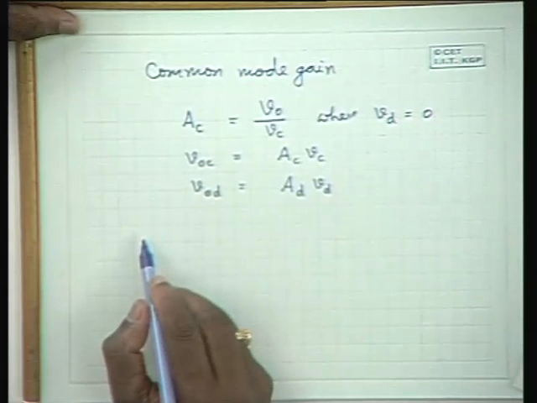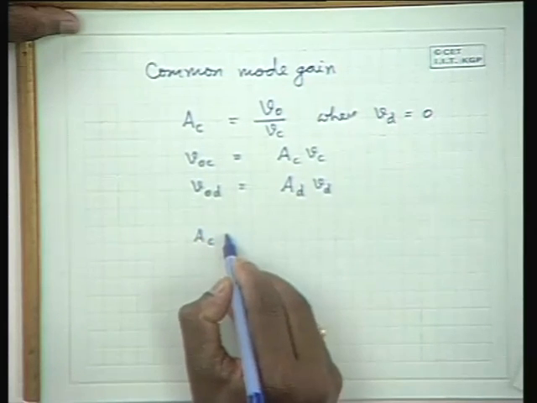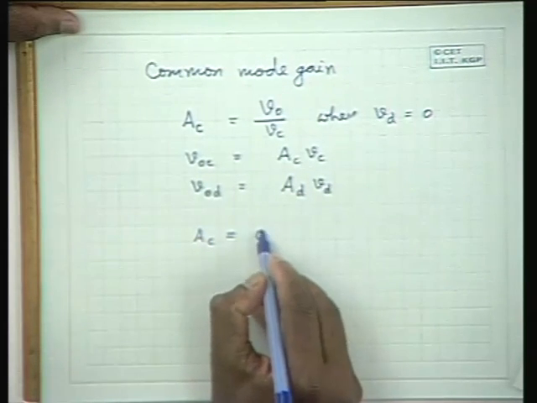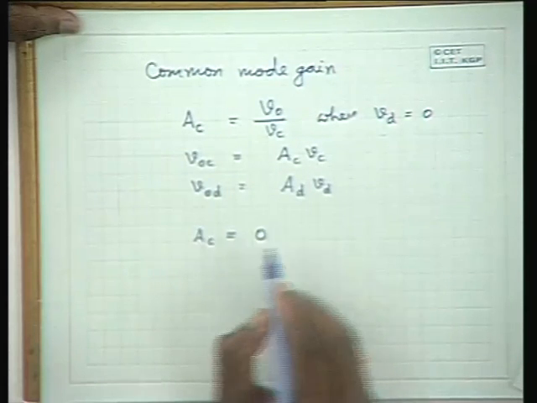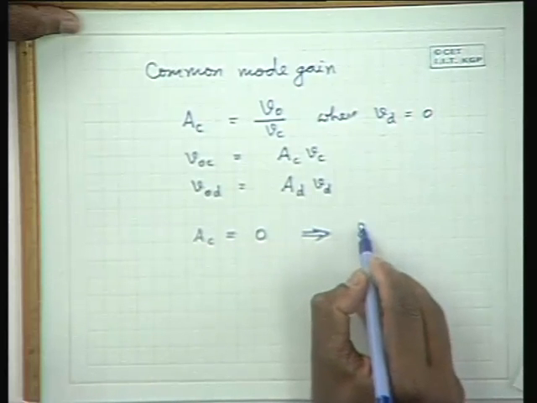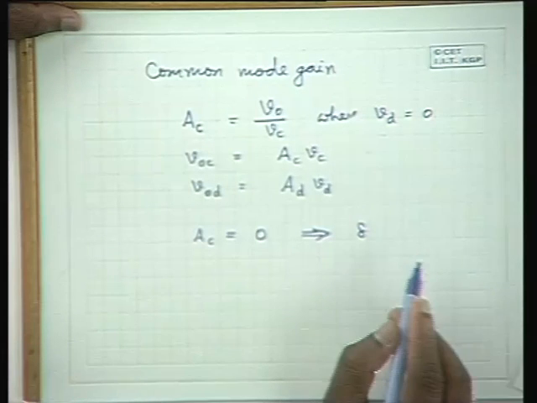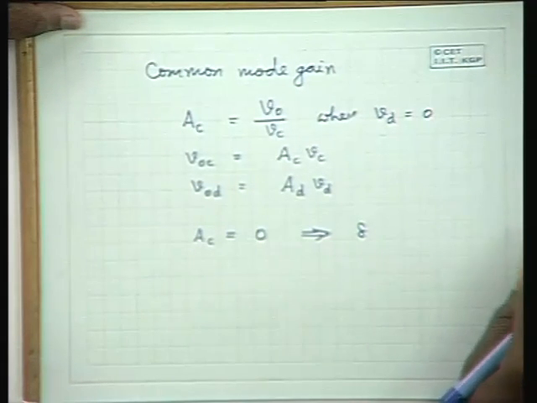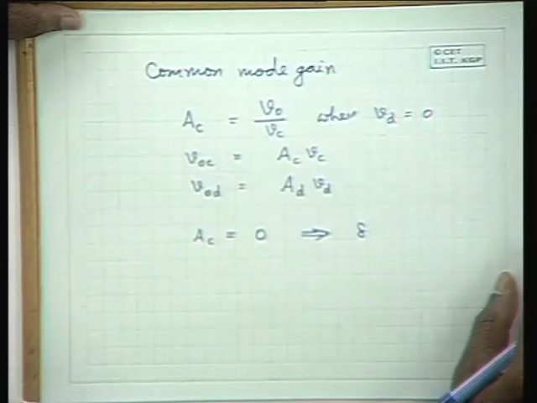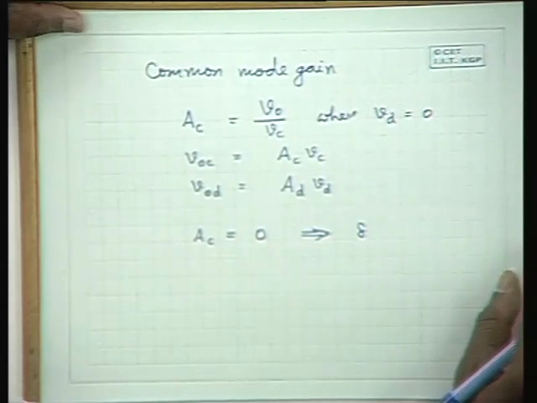Now, in a differential amplifier, ideally we desire AC, the common mode gain, to be 0. But in practice this is not 0, but some small quantity delta. And how do you judge a differential amplifier? We judge a differential amplifier by the ratio of the differential gain and the common mode gain.